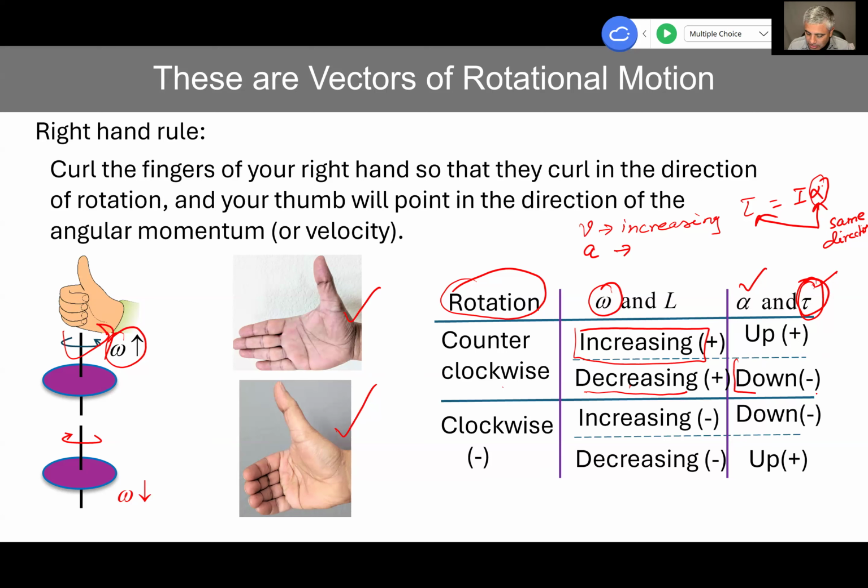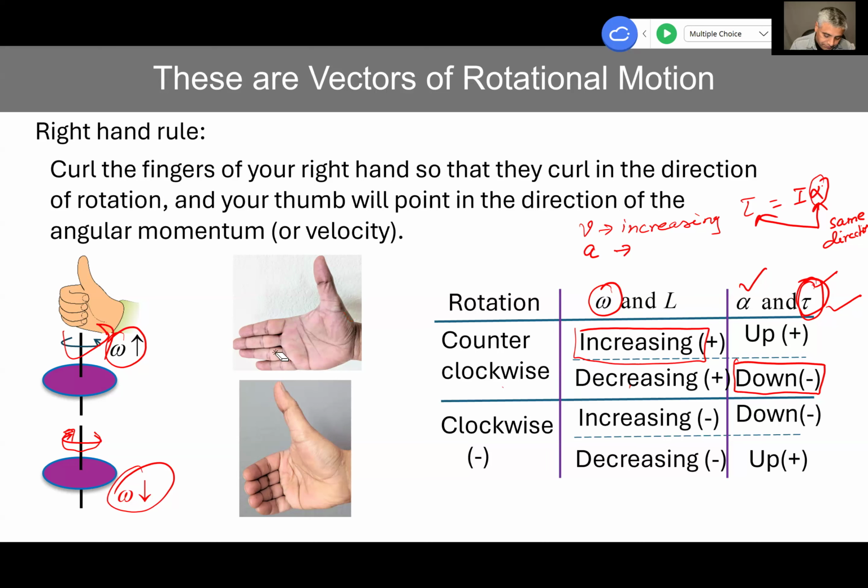So that means it is now down. And so is the torque. So torque is now acting in the opposite direction of the angular velocity. So that's how we do it. And if it was rotating counterclockwise, for example, as I have shown here, this would be down, okay?